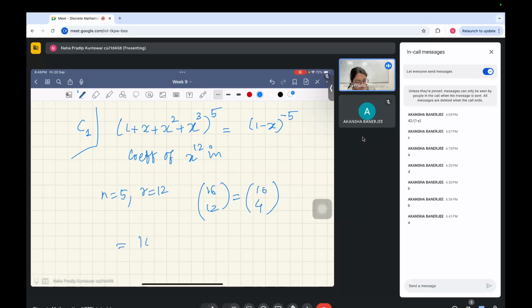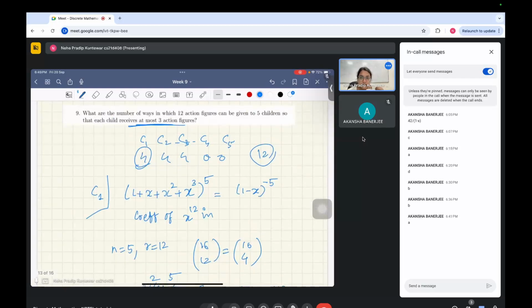And this is the same as 16 into 15 into 14 into 13 by 4 into 3 into 2 into 1. So this is 14 into 13 into 10. Right, so you also got the same thing, is it?